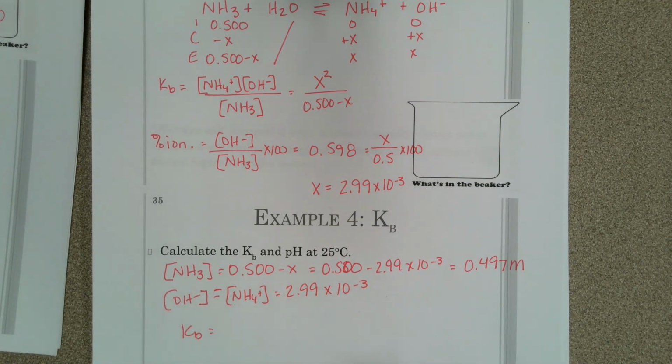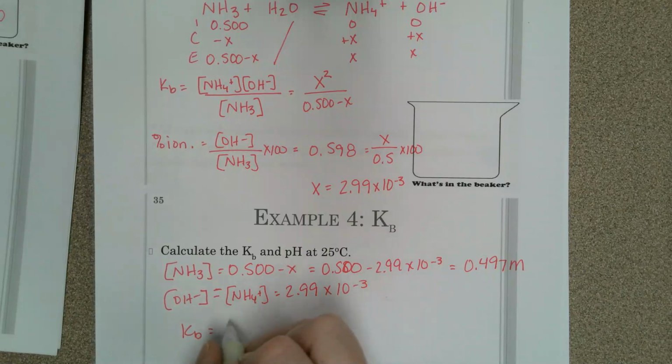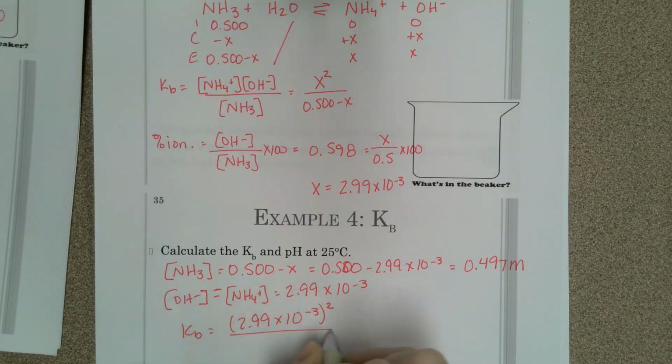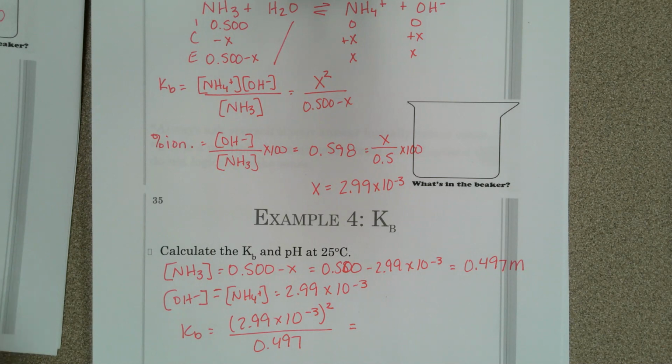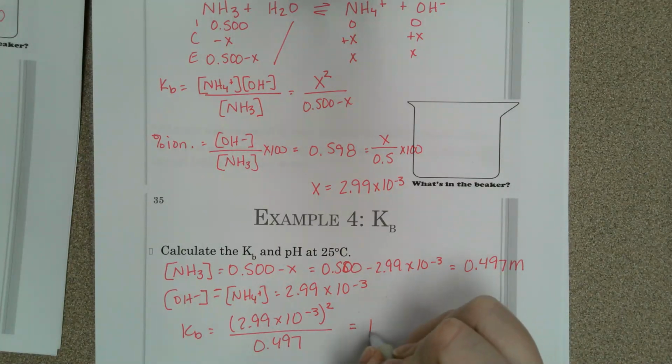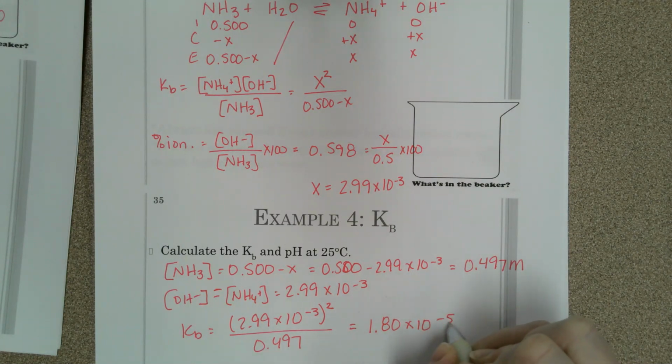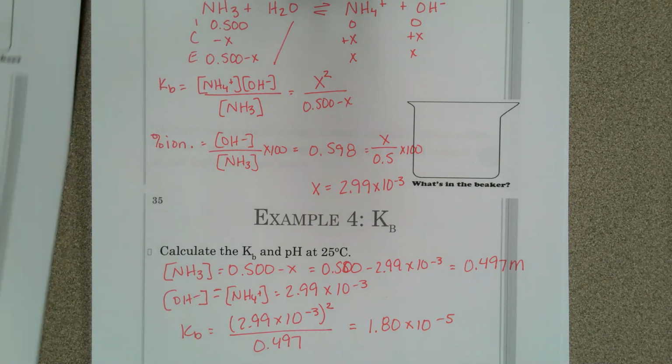So now we can plug our values into our Kb expression. So 2.99 times 10 to the negative 3 squared. And when you do the math, you should get 1.0 times 10 to the negative fifth, and there is our Kb value.